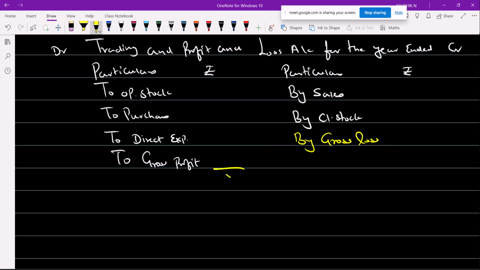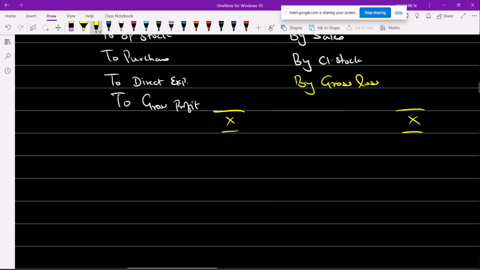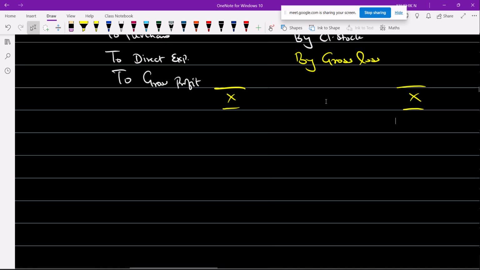Then you will have the total of your trading account. And remember that if you got a gross profit, you will be recording here as by gross profit. And if you have got a gross loss, then you'll be recording here as to gross loss.